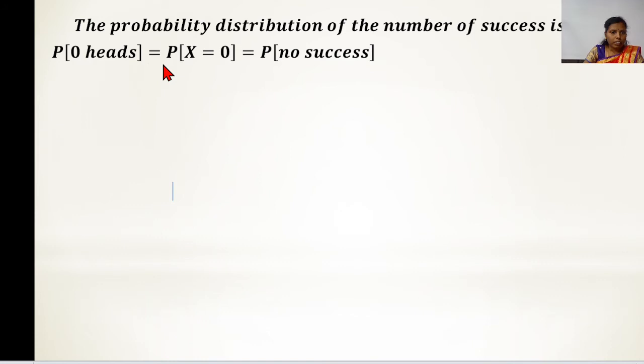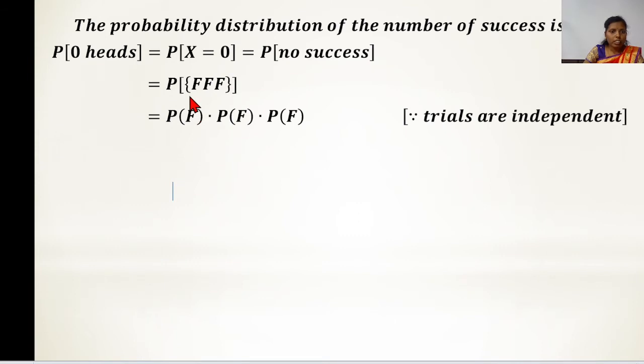P of 0 heads, that is P of X equal to 0, that is P of no success, meaning 0 heads, is the probability of FFF. Here the trials are independent, so we can separate the probability: P of F into P of F into P of F. Here the probability of failure is Q, so putting the values, Q into Q into Q, equal to Q cube.